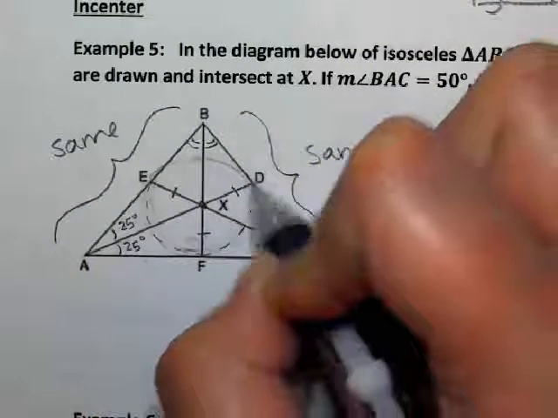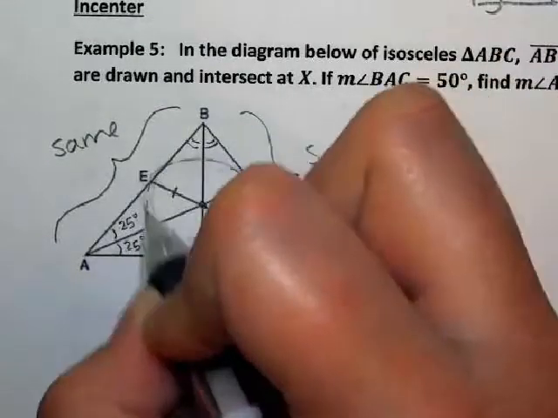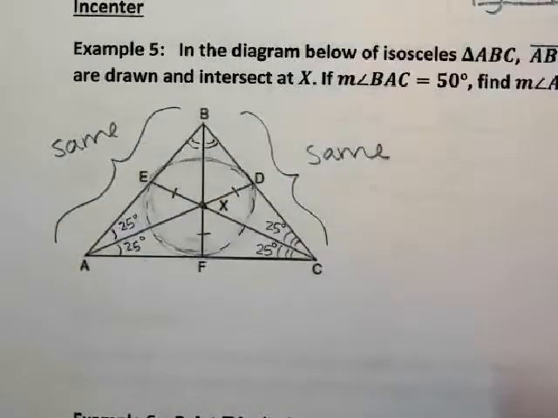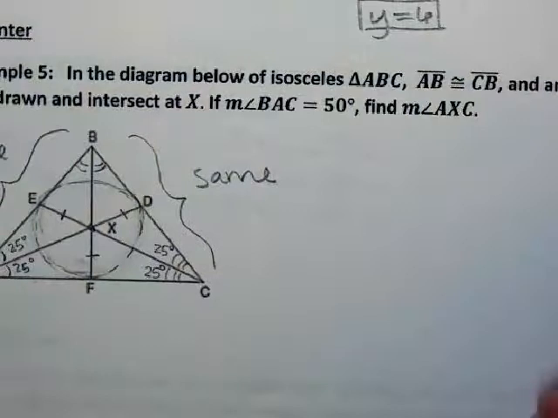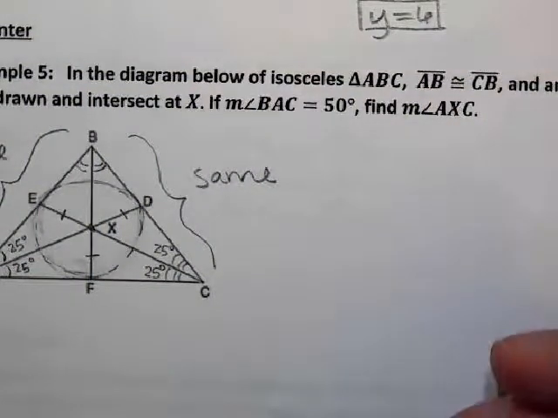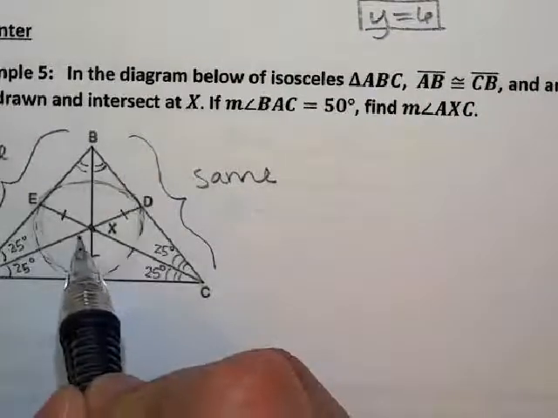Okay, so it says the measure of AXC. So the measure they want is this one right here. That is the measure we are trying to find. So how could we find the measure of AXC?